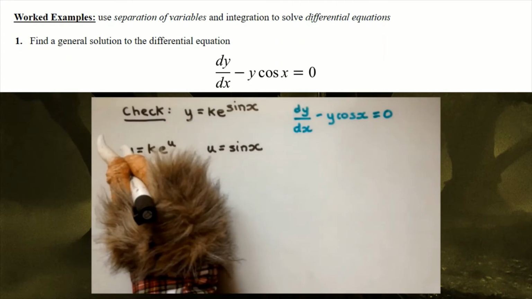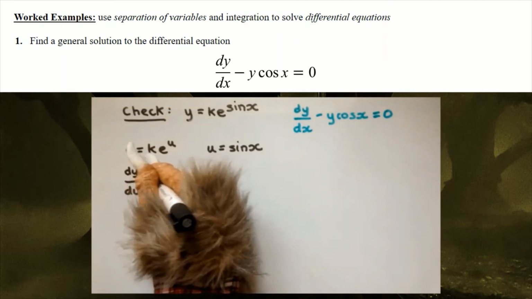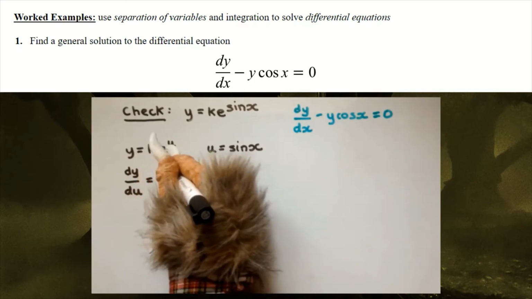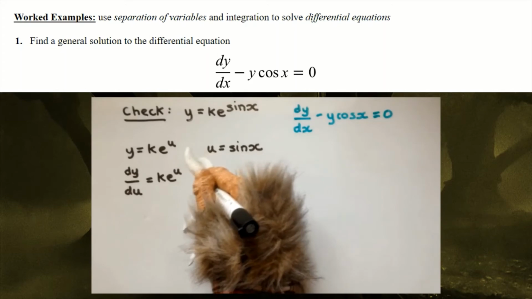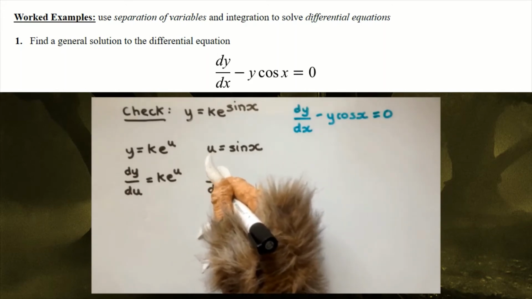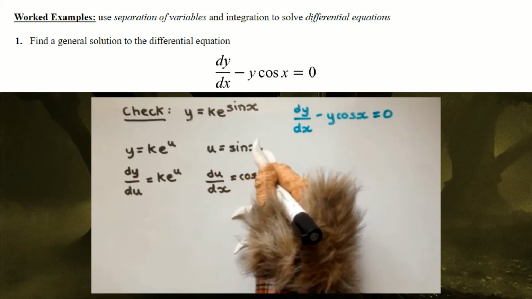So dy by du is just going to be k e to the u, no difference, and du by dx is just going to equal cos x. So the cos x appears straight away.